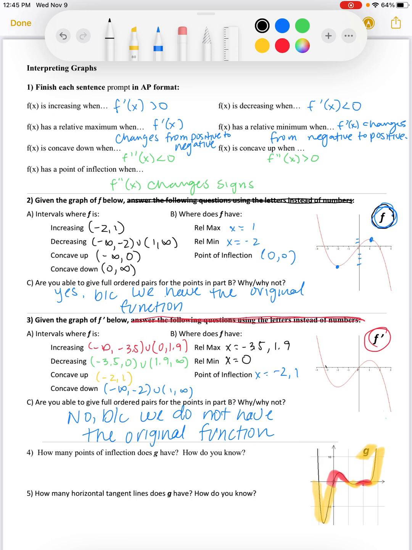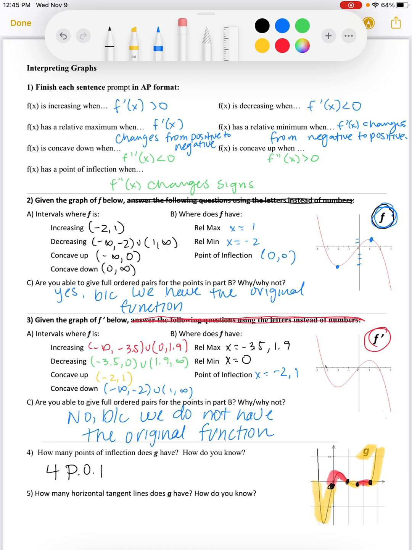So if we're looking for how many points of inflection, we're looking at how many times it changes. So that would be 1 here, 2, 3, 4. So we would have 4 points of inflection. And how do you know is because it switches 5 times, so the points in between would be 4 points.